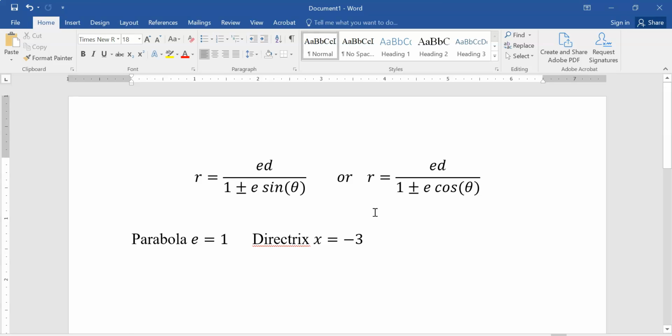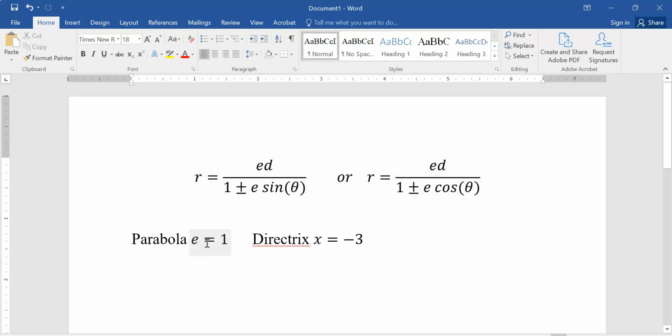Because we're pointed left and right, we're going to use the conic section that deals with the cosine. If you forget which one points left and right and which one points up and down, just type a couple of things on your calculator and figure it out. But you can trust me that cosine is the one pointed left and right.